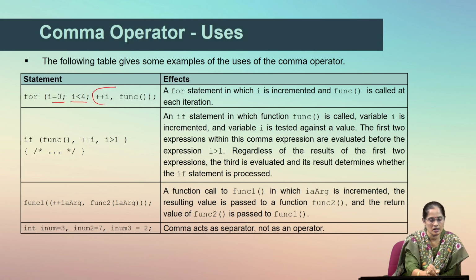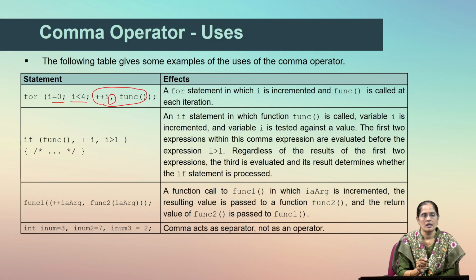The third statement consists of two statements separated by the comma operator. It means that these two statements can be executed simultaneously, separated by a comma, with the first operand being i plus i, and then it executes the function.